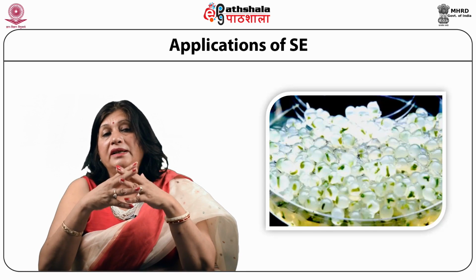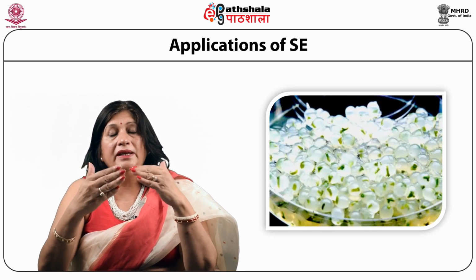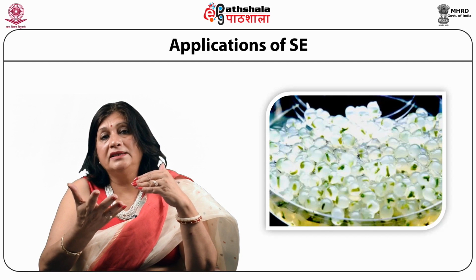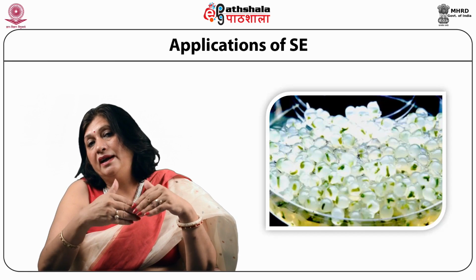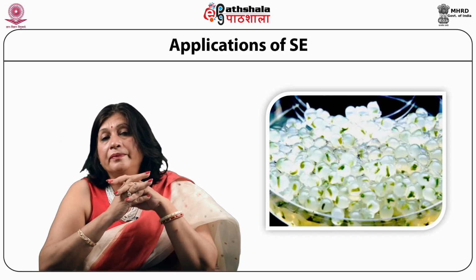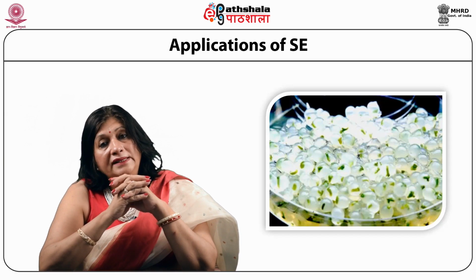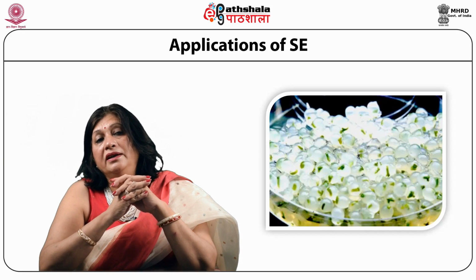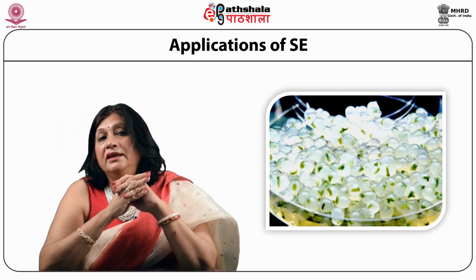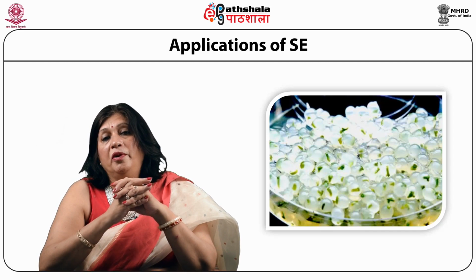So what we do is we acclimatize the plants, we take them out, we do the primary hardening in a place closer to the tissue culture lab, and thereafter we take them to the place where they are to be transplanted. Now, what is happening today is that we are transferring truckloads of tissue culture propagated plants to the fields where plants are to be propagated.